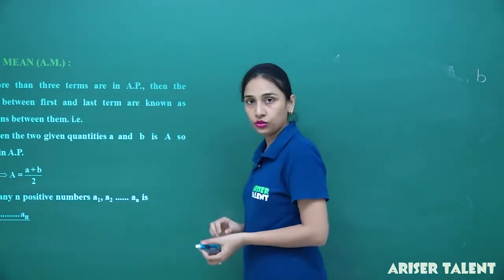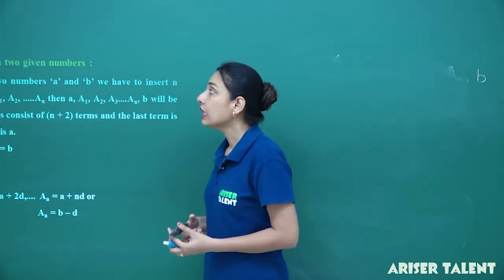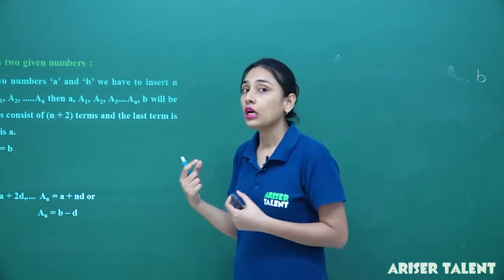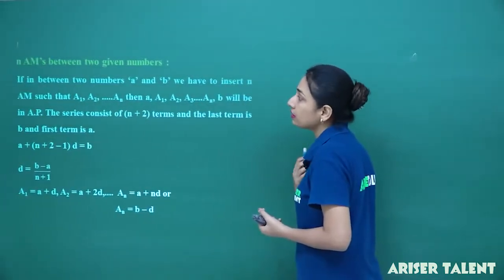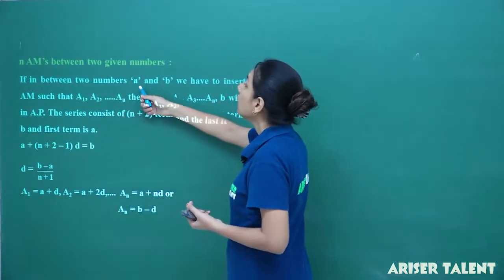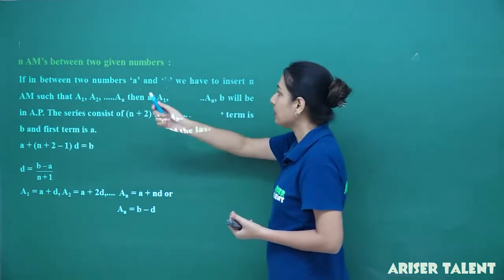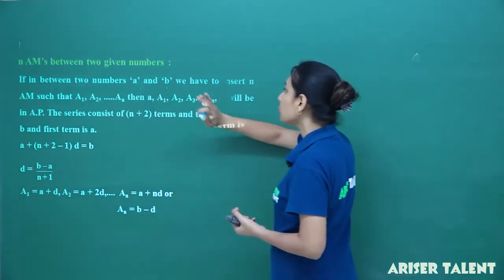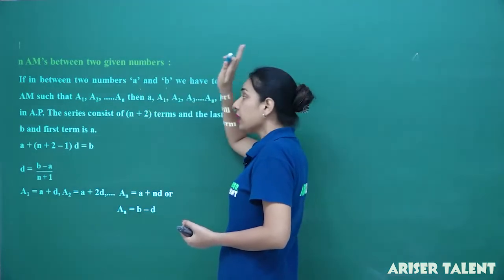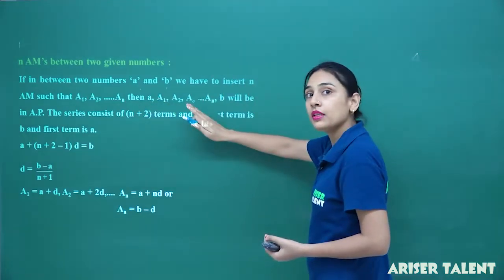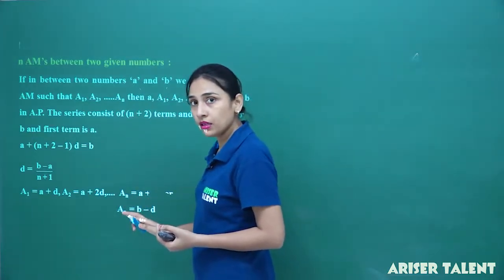So, is it clear to you? Now, n AMs between two given numbers. You are given two numbers like a and b, and you have to insert n AMs between these, such that A1, A2, A3 up to An, then b will be in AP, right?